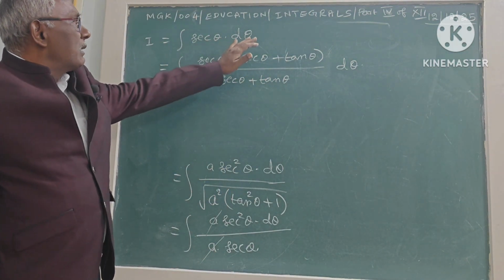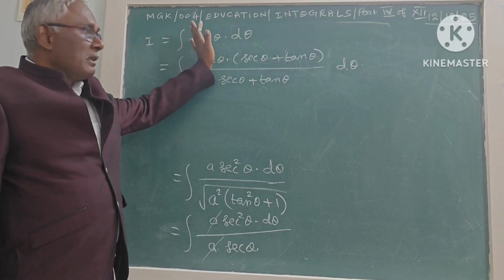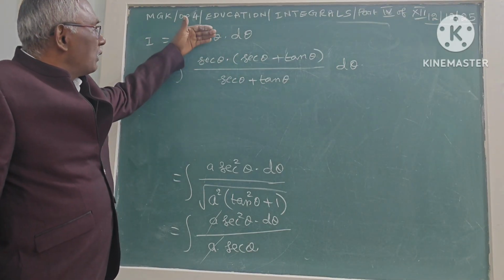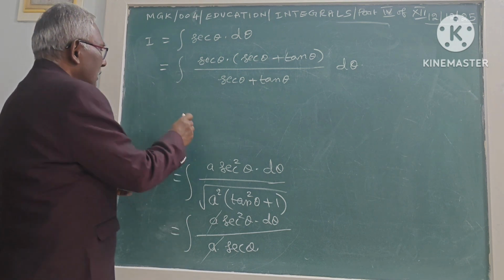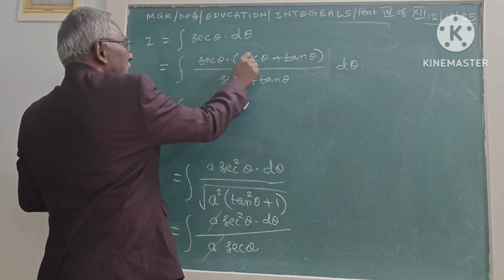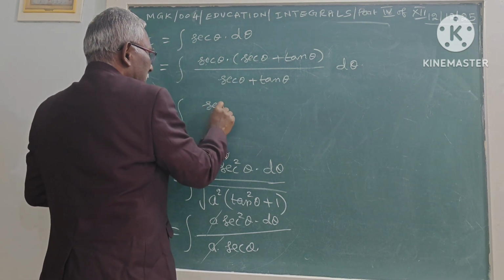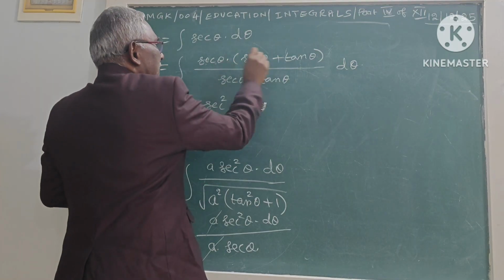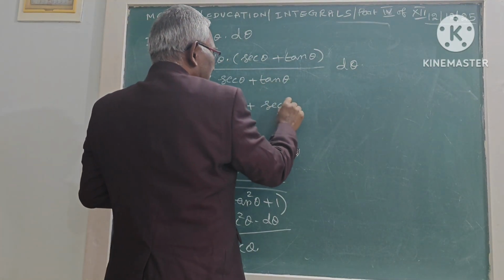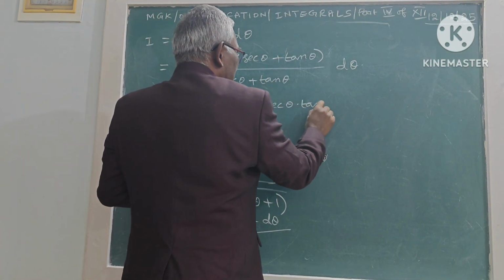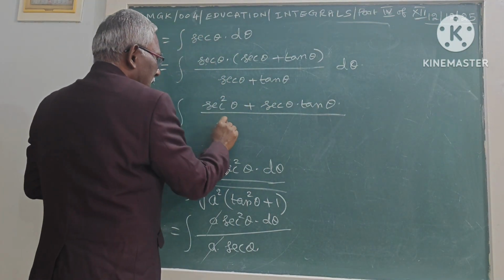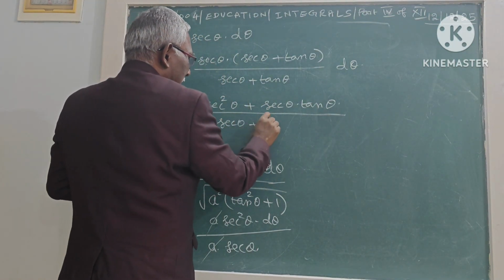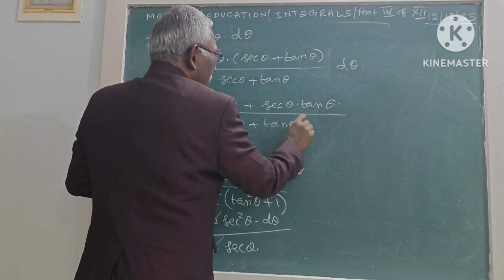To get the value of this integral of secant theta d theta, we have to multiply numerator and denominator by secant theta plus tan theta. Now we multiply: secant square theta plus secant theta tan theta by secant theta plus tan theta d theta.